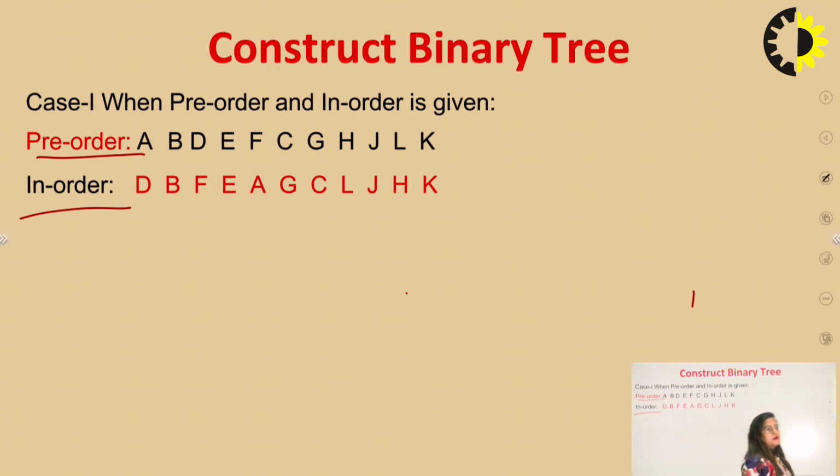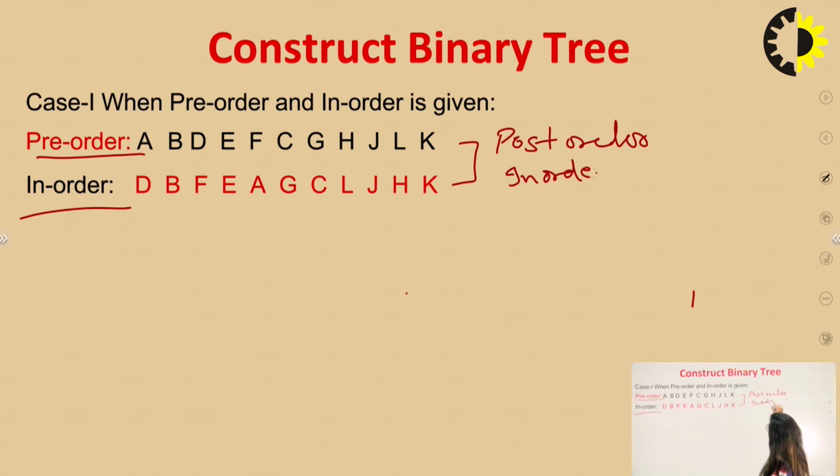So check here: there are two conditions for making a binary tree, pre-order with in-order, or post-order with in-order, but in-order is given in both cases. According to this condition, pre-order and in-order are given and we make the binary tree. So we use both in-order and pre-order.